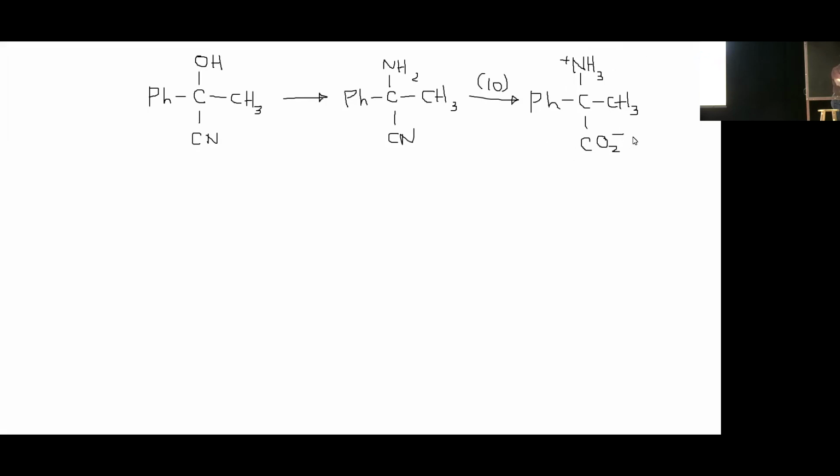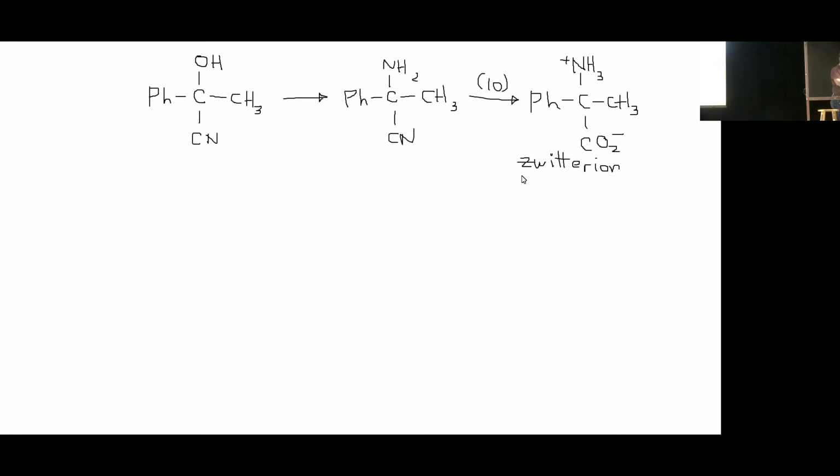This funny form here where you have both the plus charge and a minus charge, you might have talked about species like that a little bit in Gen Chem. They're called zwitterions. And the definition of a zwitterion is, as you see here, something that has both a plus charge and a minus charge in the same molecule.